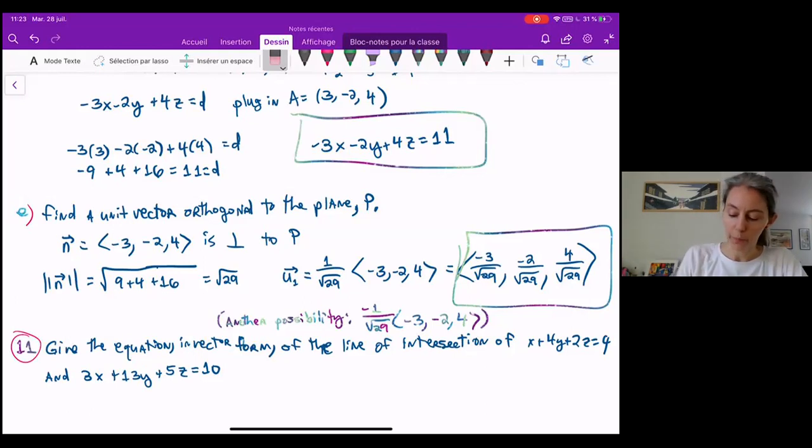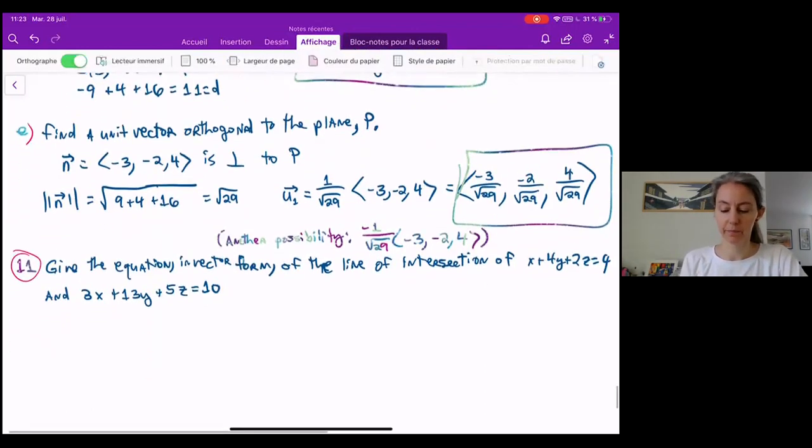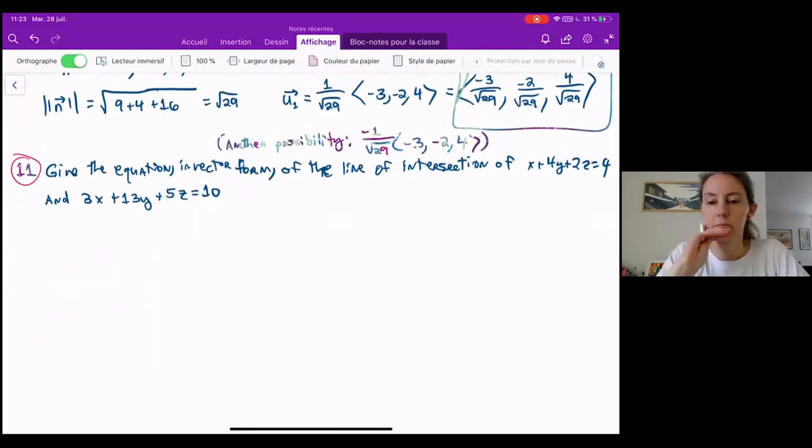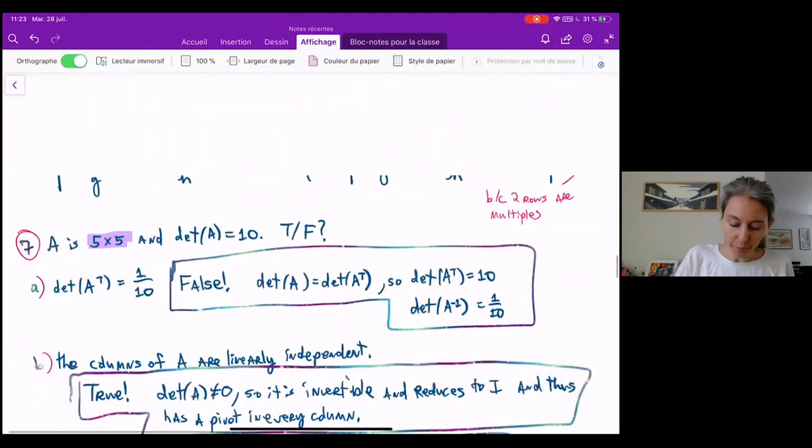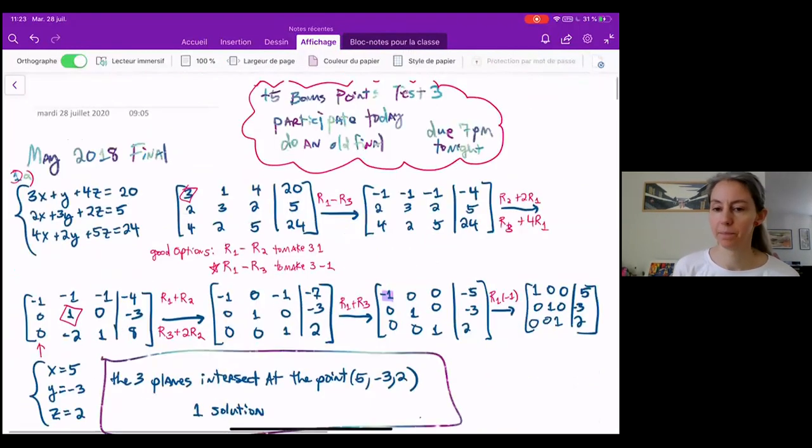Okay, so how do I do this problem? I want the intersection of these two planes. How do I find the intersection of planes? You put them in a matrix, right? This is actually the same as this question right here. It's the same as 1a.